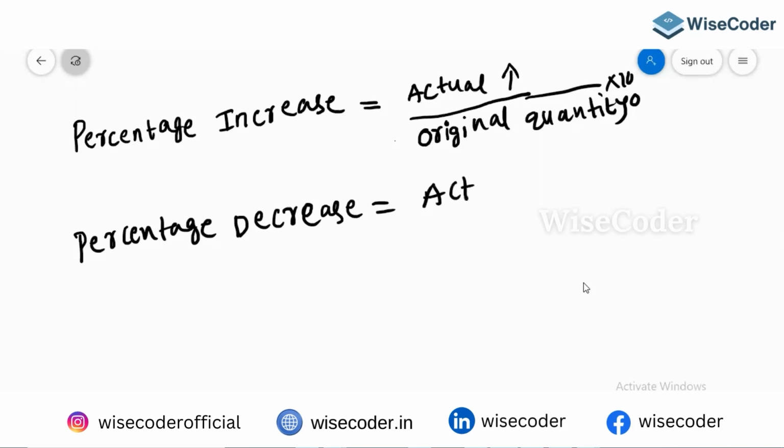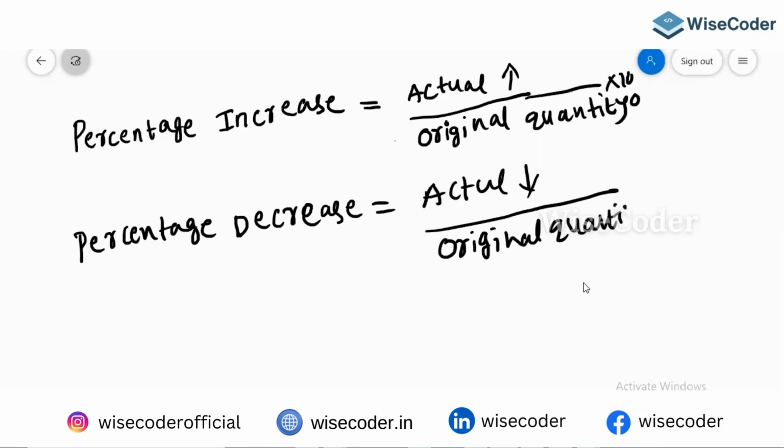Actual decrease by original quantity, into 100.